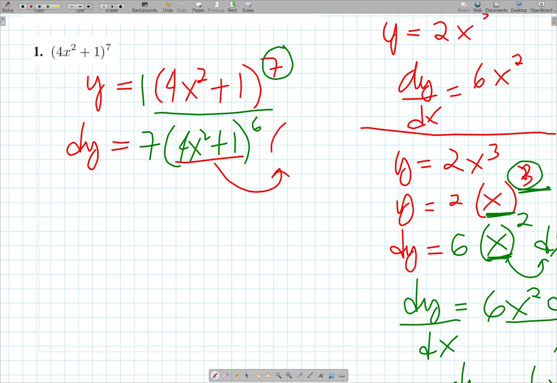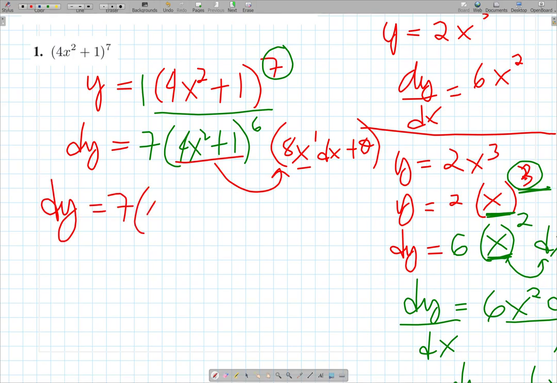So the derivative of 4x squared is 8, because 2 times 4 is 8, and then x, 2 minus 1 is 1, then the derivative of x is dx, then plus the derivative of the constant 1, which is 0. Simplifying, dy is equal to 7 (4x squared plus 1) to the 6 times 8x dx plus 0, that's still 8x dx.